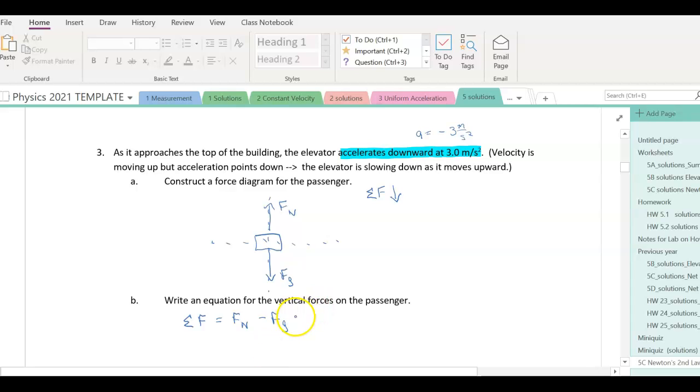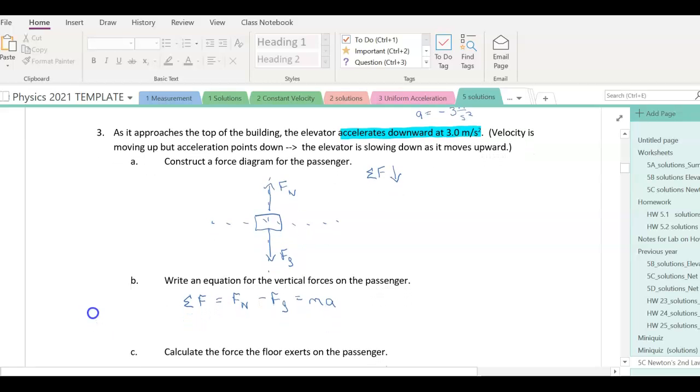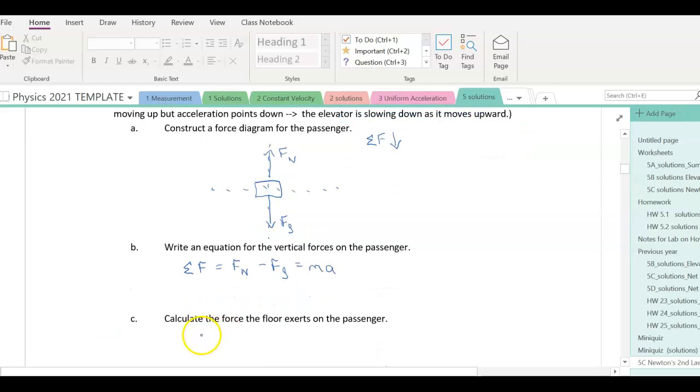But then I'm also going to use Newton's second law, which says that net force is the mass times the acceleration. And so if I want to find the normal force here, that's going to be the force of gravity plus the mass times the acceleration. Remember, the gravitational force has not changed. It's the same man. So that's 833.